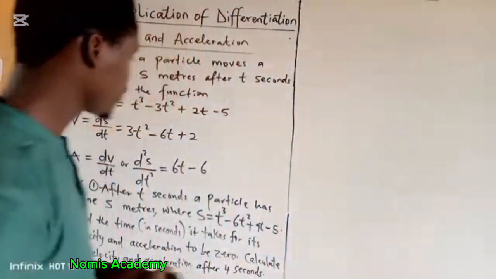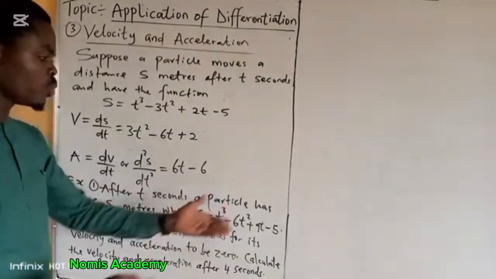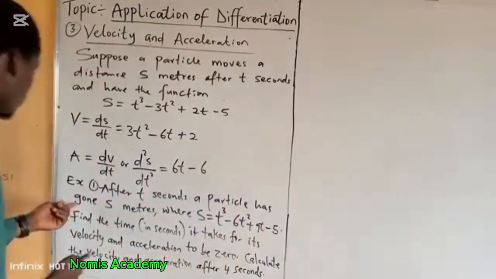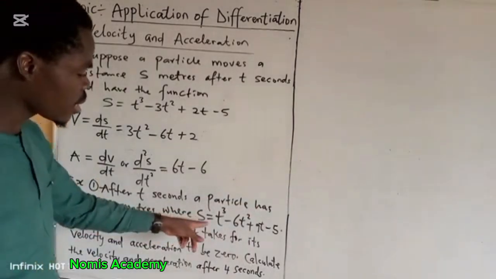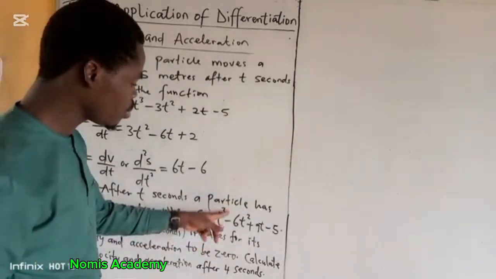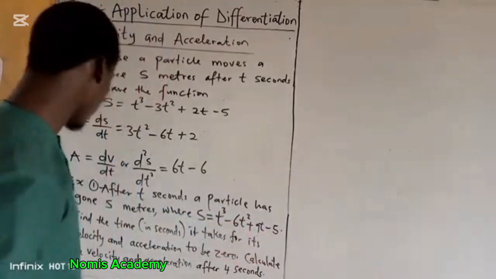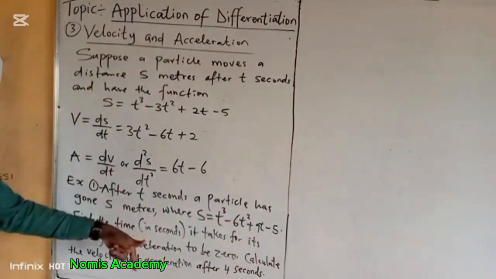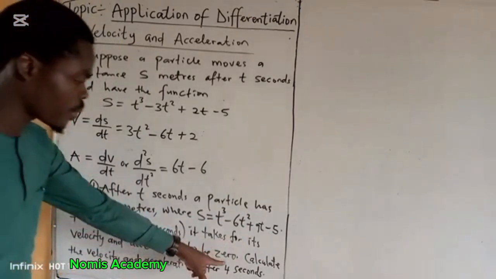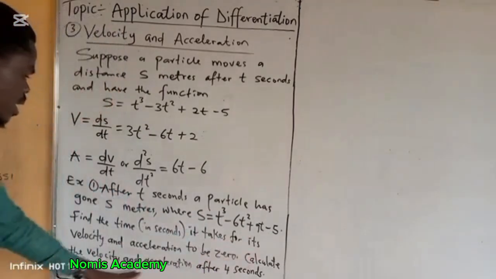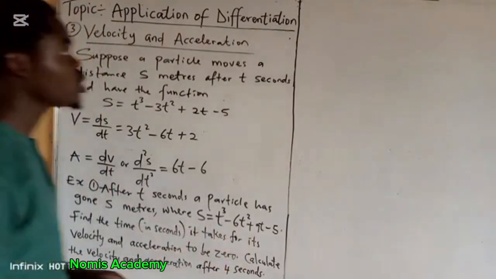Alright, so we are going to solve this problem. After t seconds, a particle has gone s distance, where s is given as t cubed minus 6t squared plus 9t minus 5. Find the time in seconds it takes for its velocity and acceleration to be 0. Then calculate the velocity and acceleration after 4 seconds. Alright, solution to the problem.